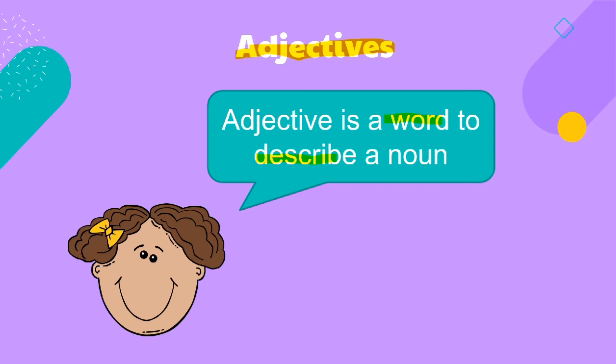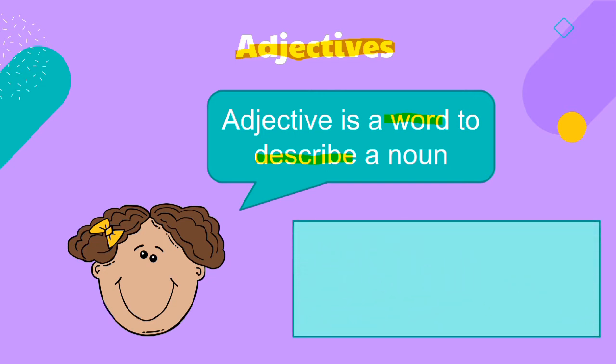Mendeskripsikan sebuah benda. Can be a thing, or a human like you, or place. Can be anything. Okay?